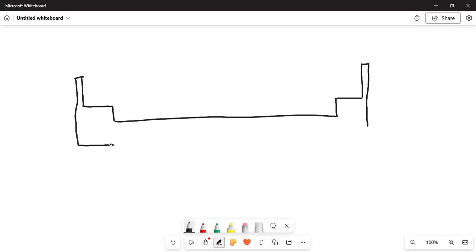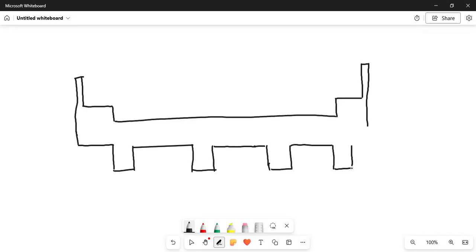You have the longitudinal girder like this. These are the longitudinal girders. Okay, so this is where the vehicle will run.